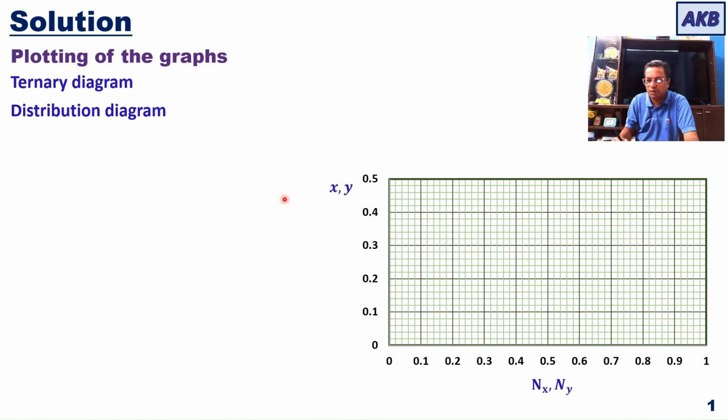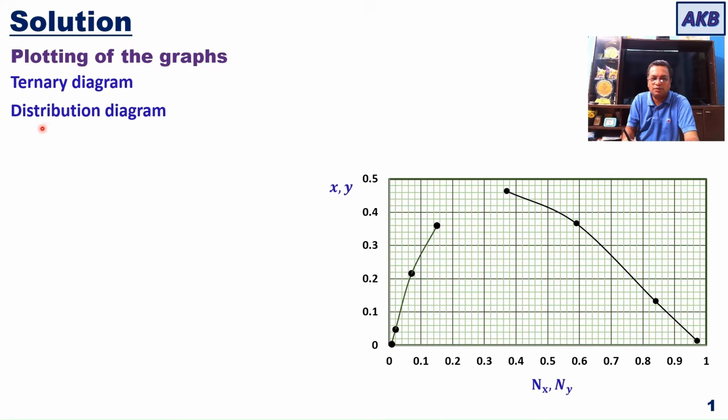If you plot the given values, you'll be getting the binodal solubility curve. This is the A-rich part of the curve, or you can say the water-rich part of the curve, and this is the B-rich part of the curve, or the ethyl acetate rich part of the curve.